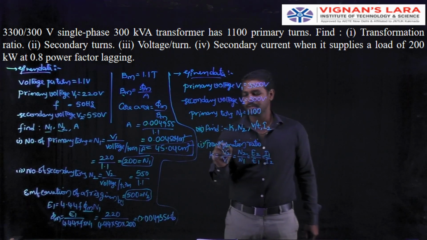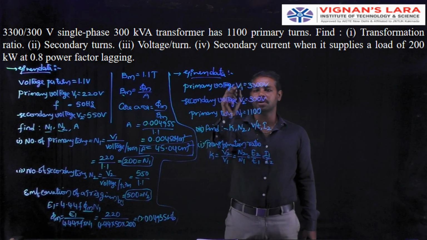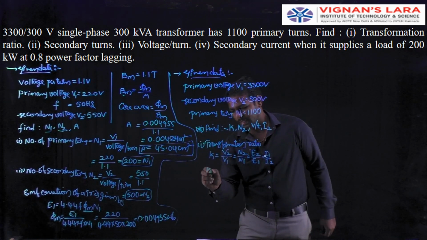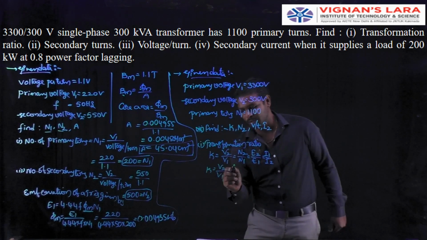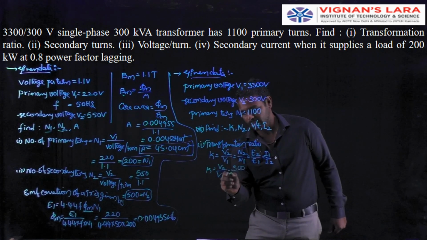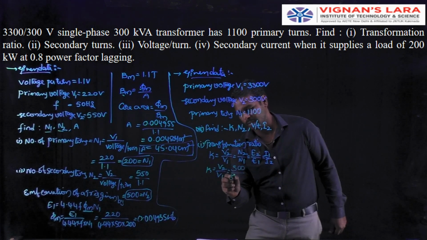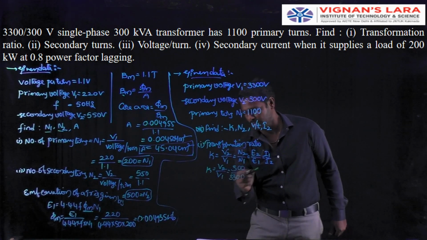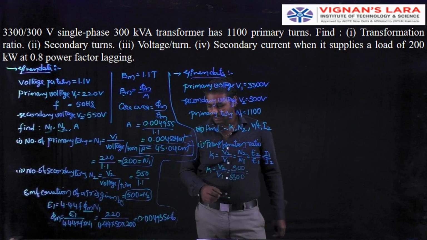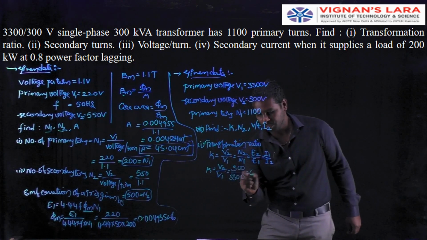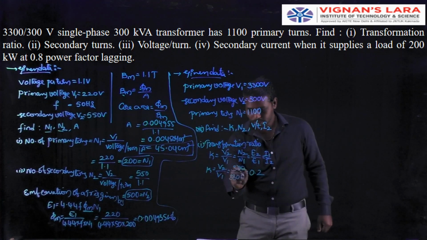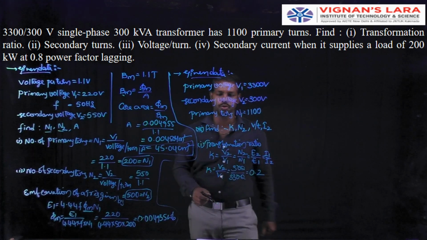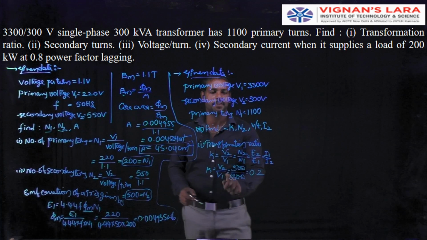But in this, we are calculating K is equal to V2 by V1, so 300 divided by 3300 is equal to 0.2. K is equal to 0.2. So this is the transformation ratio.